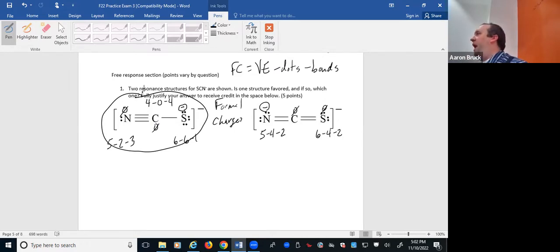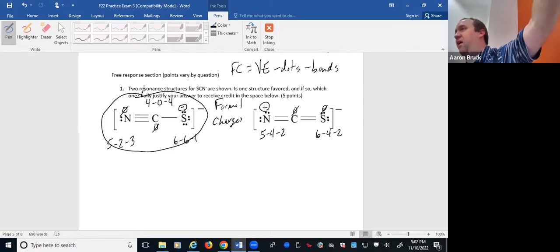But if you were asked to compare structures, formal charge is the way that you have to go. And so where it really falls is zeros if you can. If I can get a formal charge of all zeros, great.